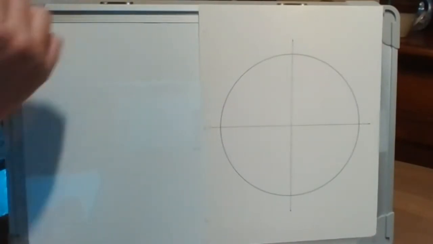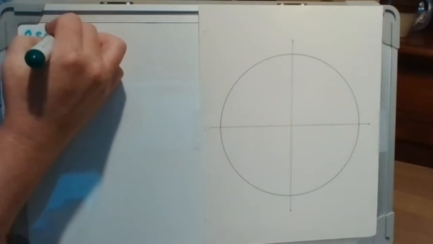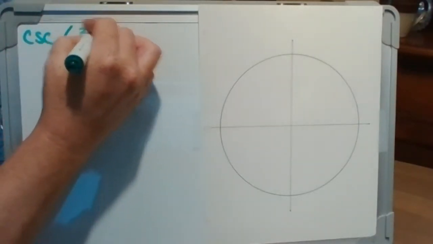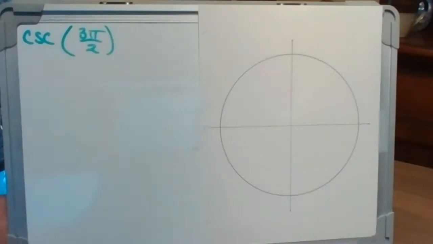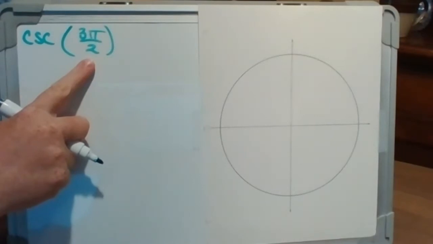All right. Let's find cosecant of 3 pi over 2. Well, let's see what kind of degrees we have there, because the reference angles we covered were for a denominator of 3, 4, or 6, but not for 2.